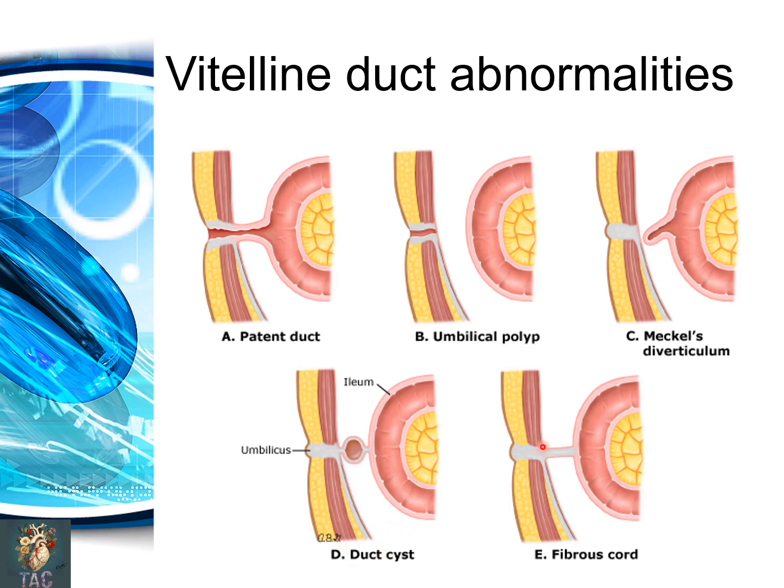And in another condition, the whole of the connection is a fibrous cord. Although there is no connection of the lumen to the exterior, this fibrous cord can provide a loop, and because of this loop, sometimes the intestines can rotate around it, can produce obstruction, can cause volvulus formation, etc. So these are the different conditions which can lead to vitelline duct anomalies.